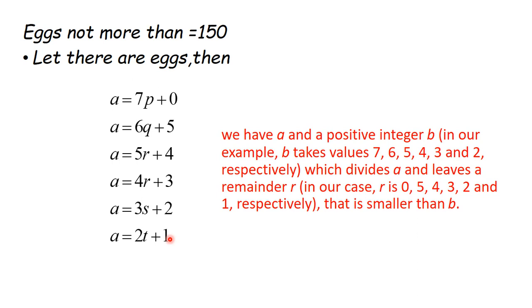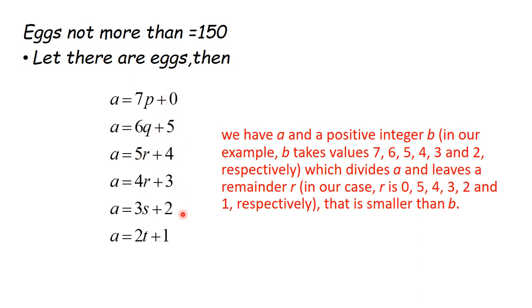And after writing this, I come across one result that the values of this remainder are either 0 or less than b. See, here remainder is 0, here remainder is 5, of course less than b, that is 6. Here remainder is 4, of course less than 5, that is your b.